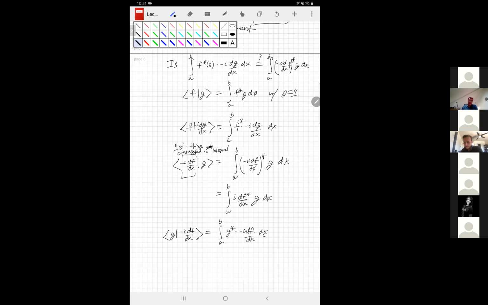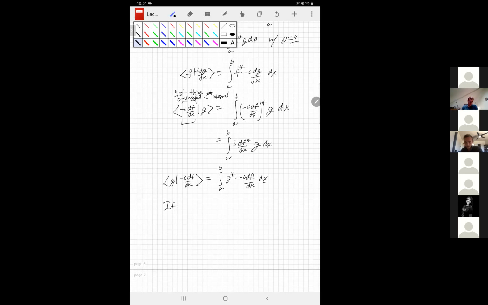And the whole idea is that if this operator is Hermitian, then I could have it act on either function, take the inner product, and as long as I follow the rules of order in an inner product, as long as whatever thing I put into the first position gets complex conjugated, and whatever thing goes into the second position doesn't get complex conjugated, then I should get the same result.